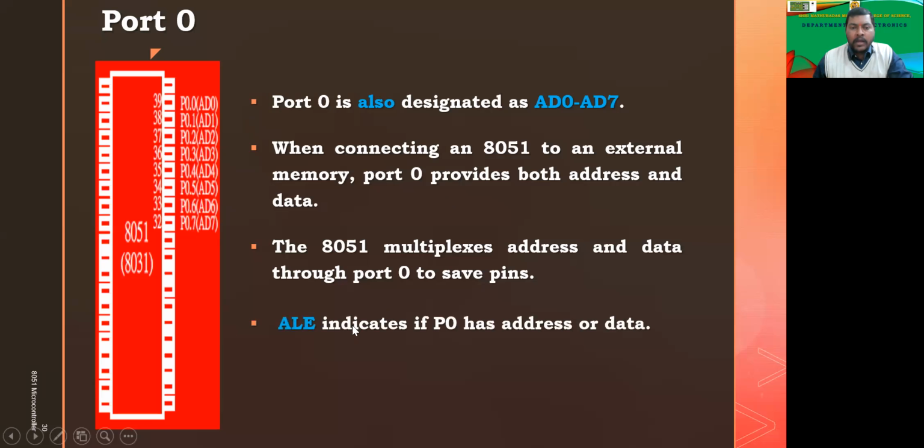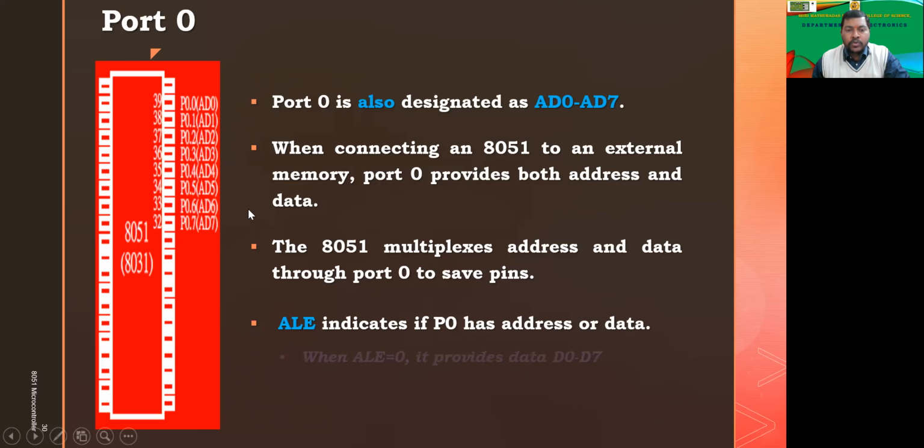And the address latch enable indicates whether P0 has address or data. I have shown you in the last pin that ALE is the pin which enables whether this port is being used for address, or being used to receive or transfer the data.